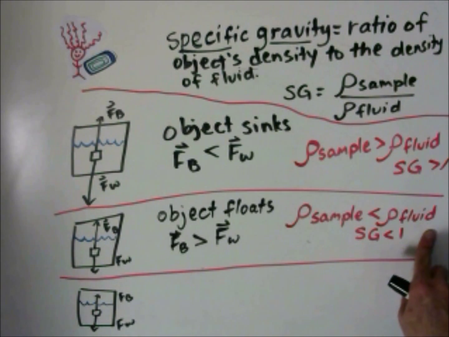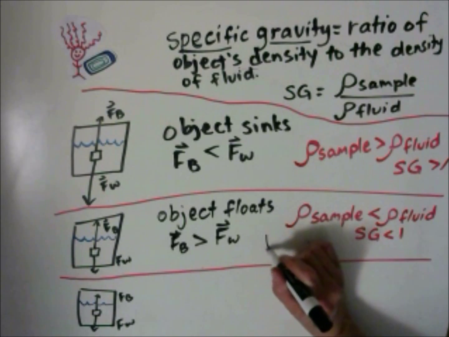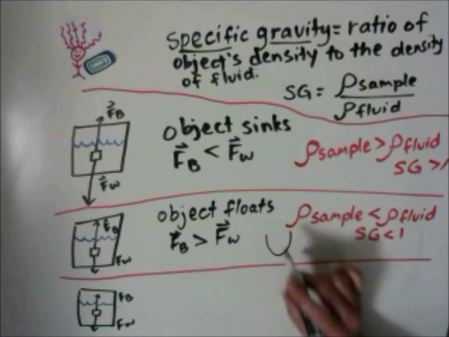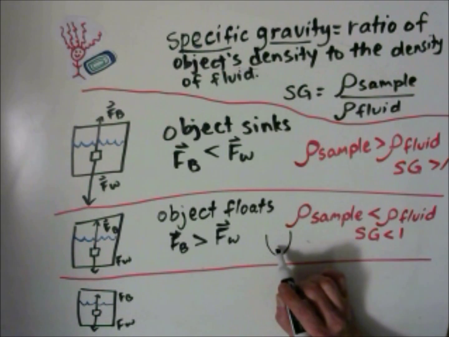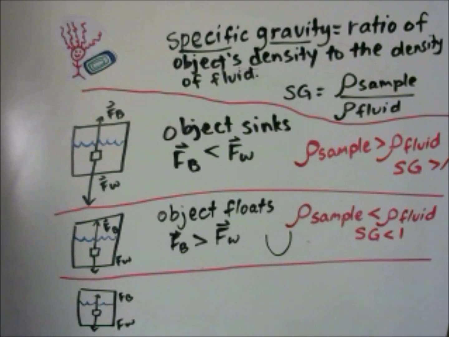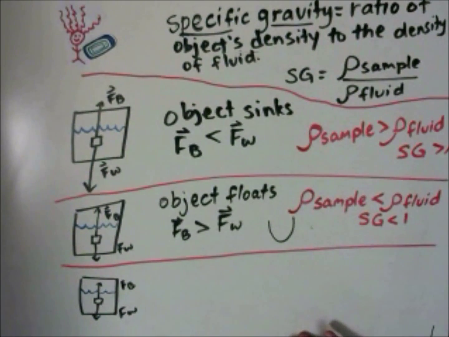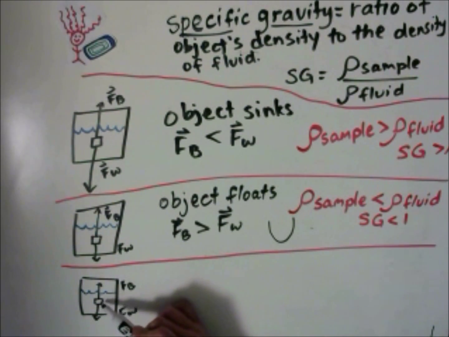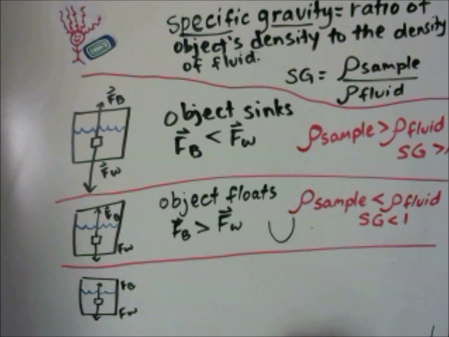So this is the reason that a boat is going to have air in the bottom of it, on the inside, to give it less density than the fluid that it is right next to. Our final example has an object, and this object has a buoyant force and a force of weight that are equal to each other.